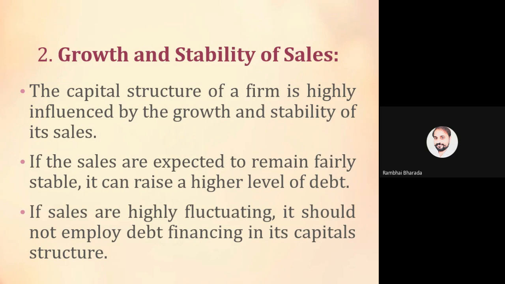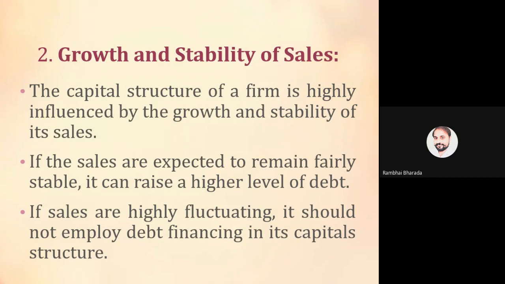But if your sales are not like this, and are like this, then there is no security or guarantee about the income. It may happen that your sales decline. As sales decline, your income also declines, and there is a possibility of loss. Are you getting my point? If there is a loss, the bank will not say that you have losses, so no worry about the interest.